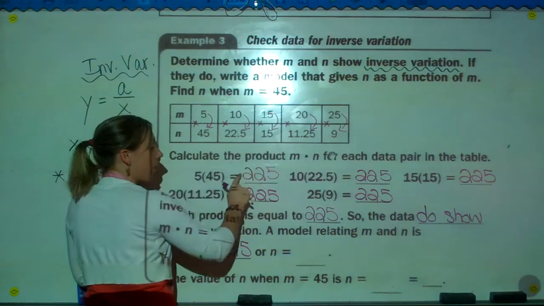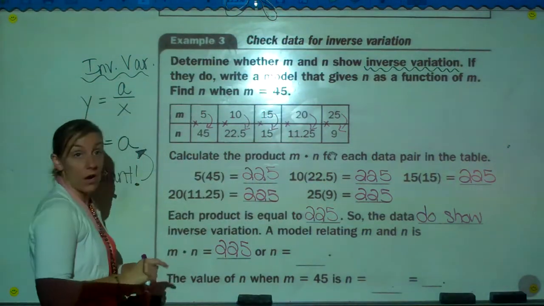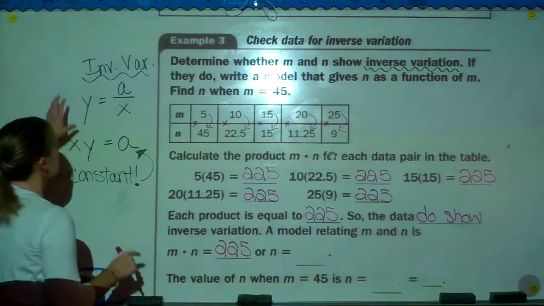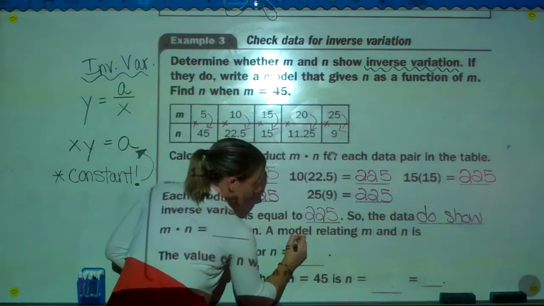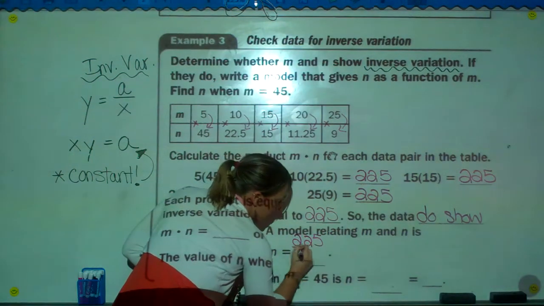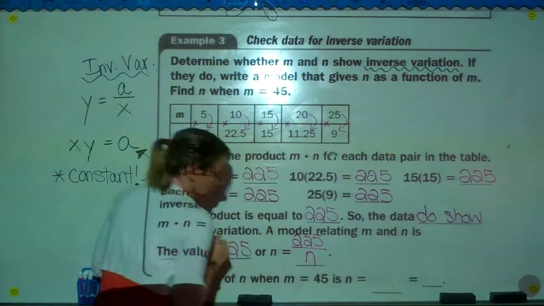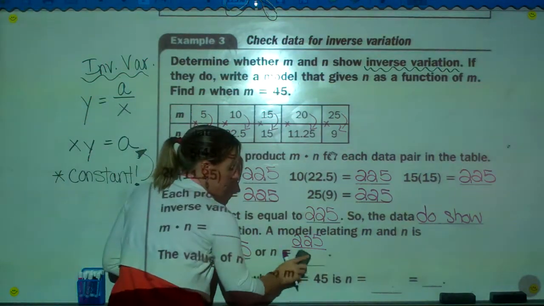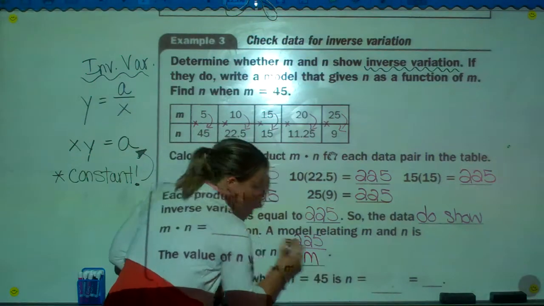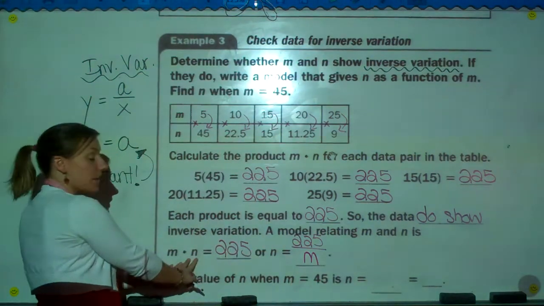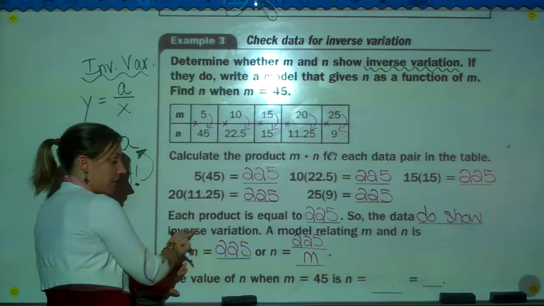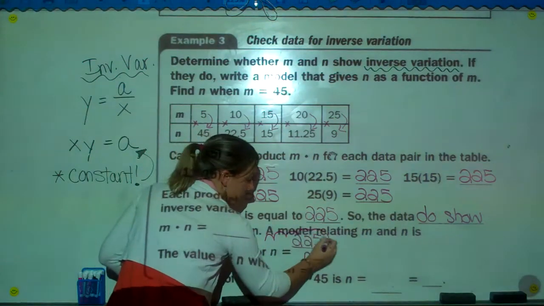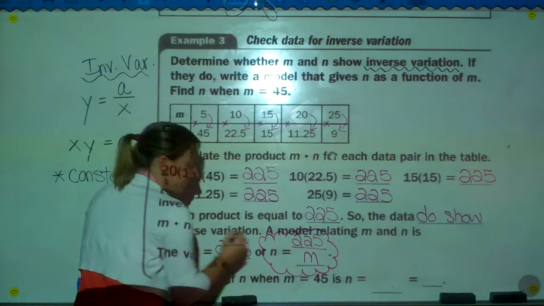No matter what the pair was, we always got 225. Or we relate that to the inverse variation. That would be 225 divided by n, because that would be our x value. So this is the relationship finding the constant, but this is our inverse relationship.